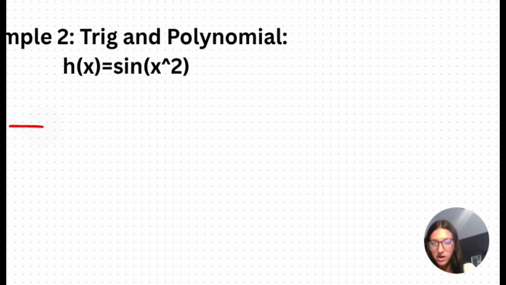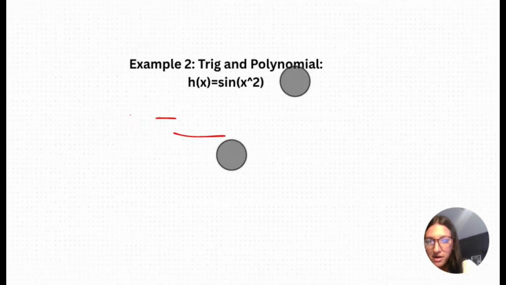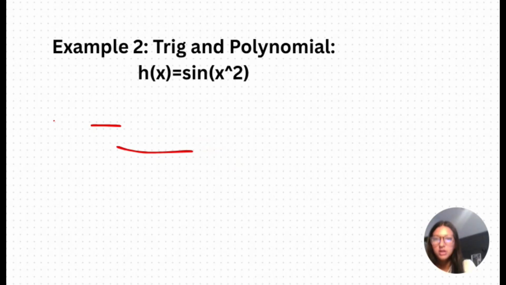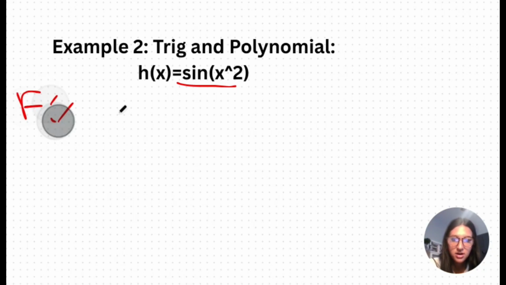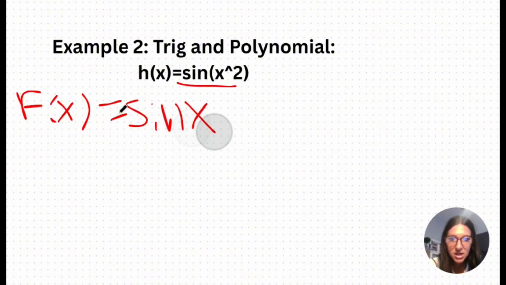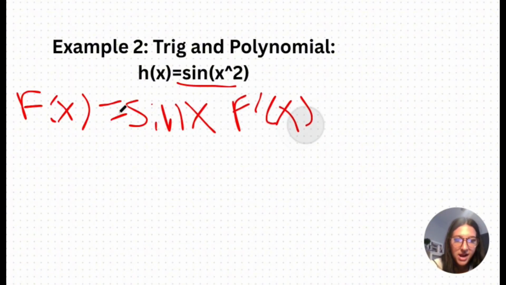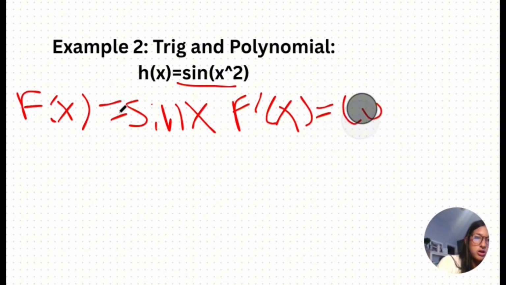We see that in this example, it is a trig and polynomial function. We're going to do the same process. This is clearly a composition function because there is a clear outer function, f of x, which is going to be sine of x, and we know that the derivative of sine of x is cos x.